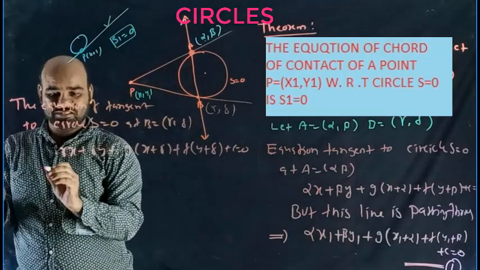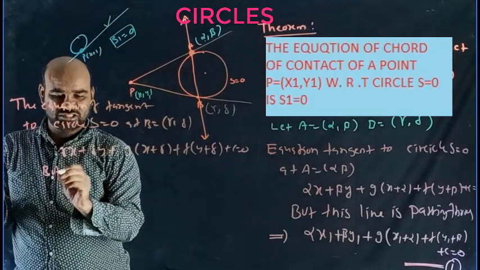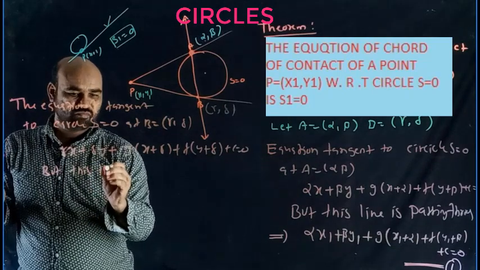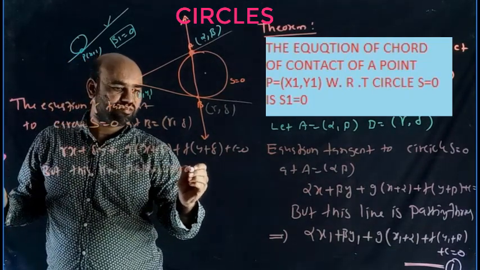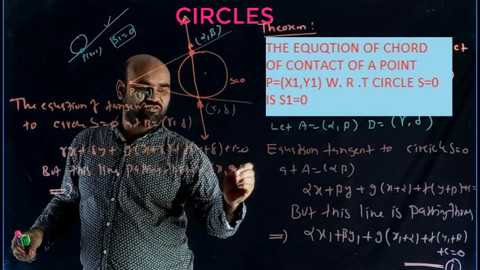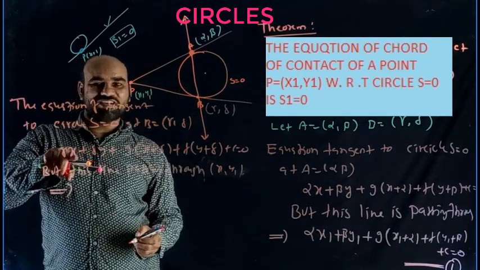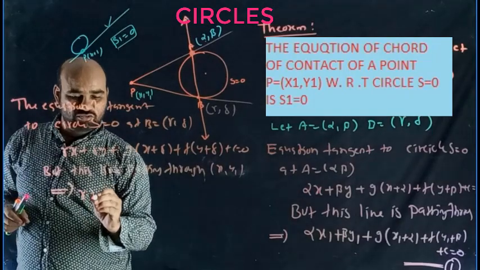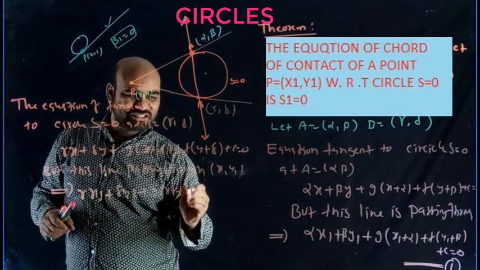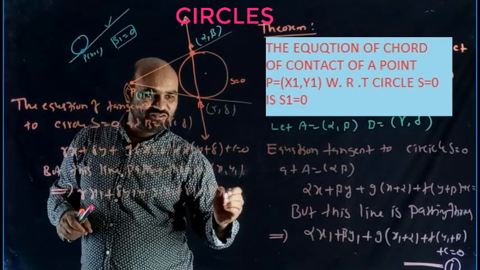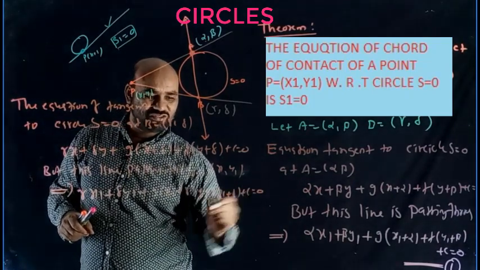So instead of x I want x1. Gamma x1 plus delta y1 plus g times of x1 plus gamma plus f times of y1 plus delta plus c equal 0. This is the second equation.